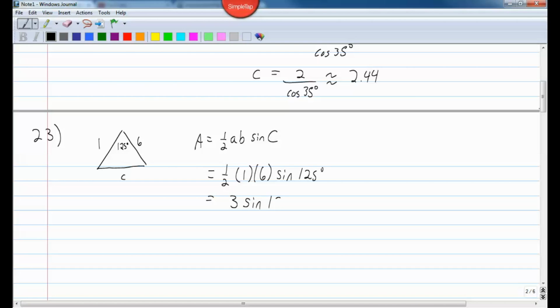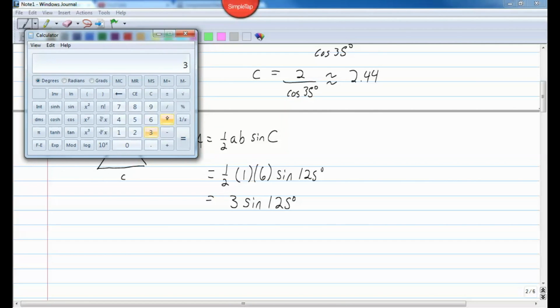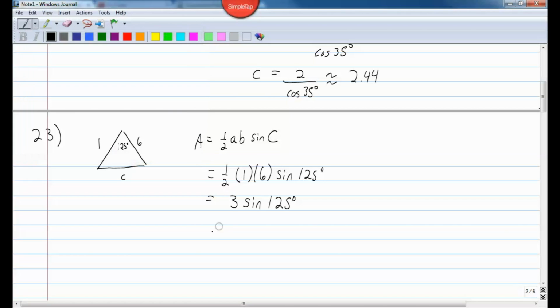So 3 times the sine of 125 degrees. So in your calculator, say 3 times 125 sine equals. Alright, if we rounded that to two places, that would be 2.46. So the area is approximately 2.46.